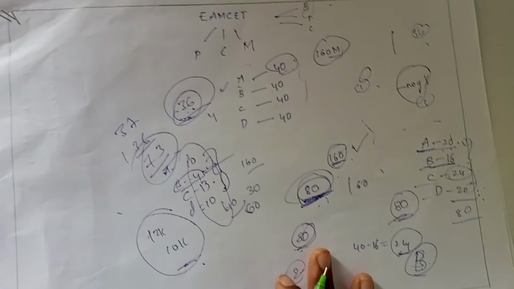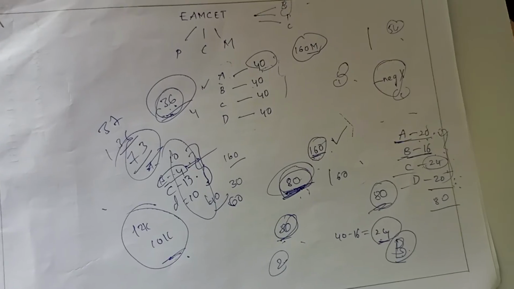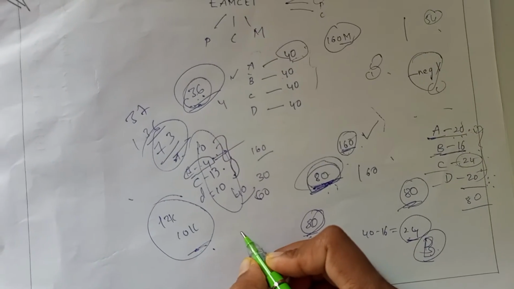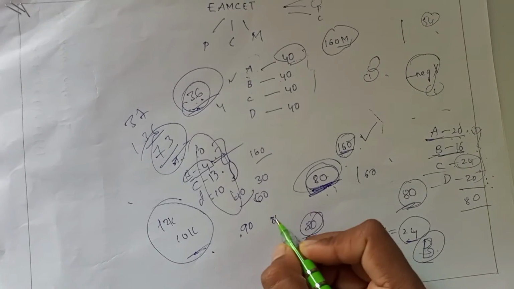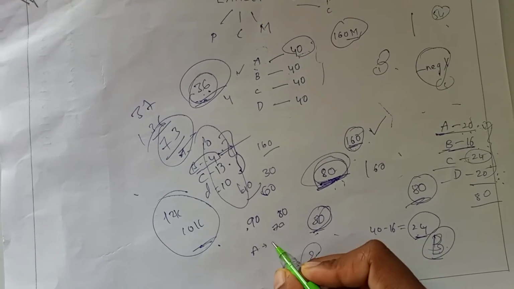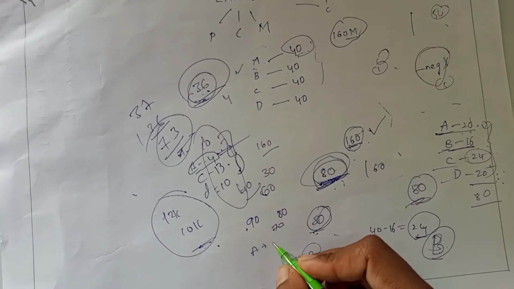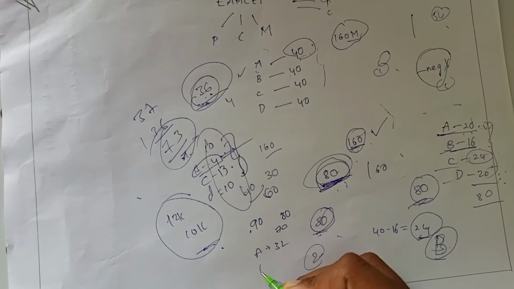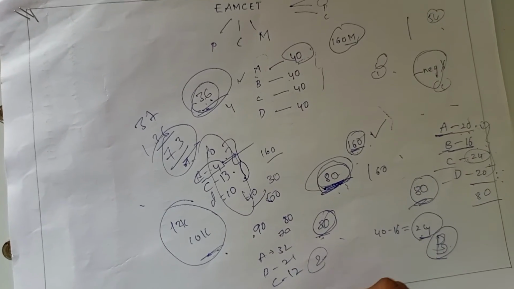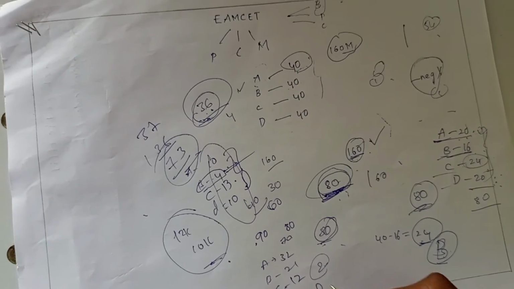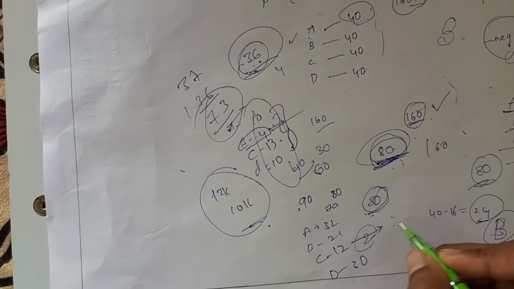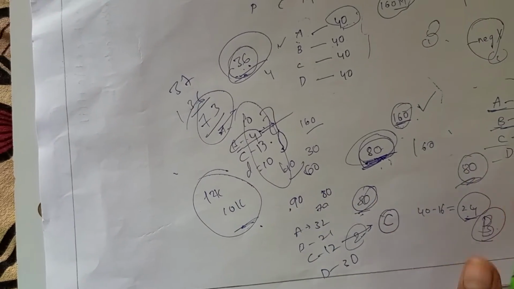So you'll get 73 marks, and definitely you'll get at least a 12K or 10K rank, I can say. Again, for the people who solved many of the questions, nearly 90 or 80 or 70, I'm just assuming: if you got A options as 32, B options as 21, C options as 12, and D options as 30, here the least one is C, so put C for all the remaining options.